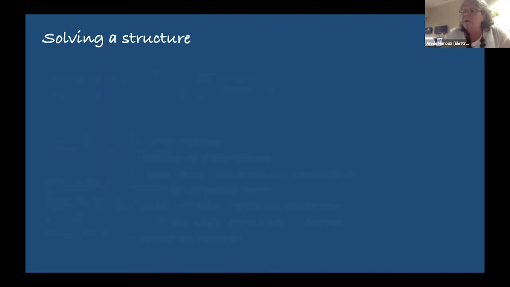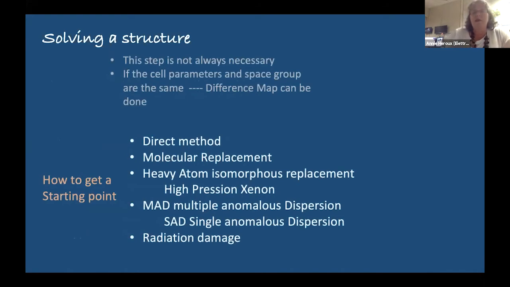There are several methods. Over time, some of them were more favored than others. Basically, you have the direct methods. This is used for small molecules, because they have a lot of reflections and they can get very fine details.